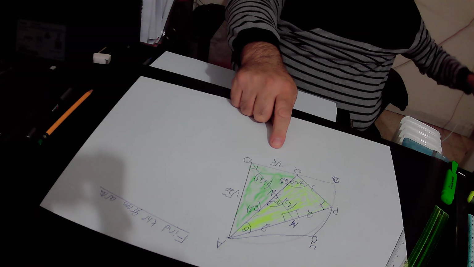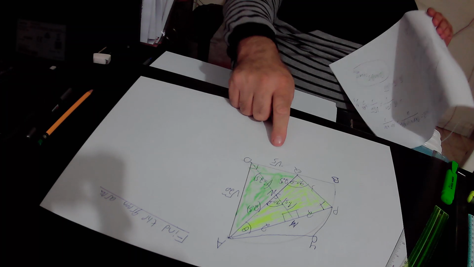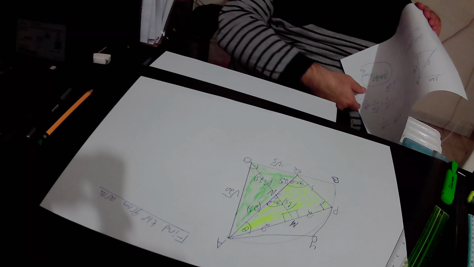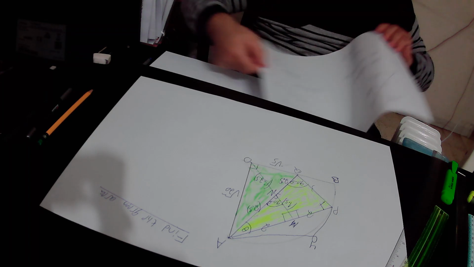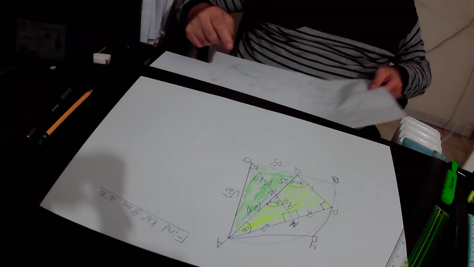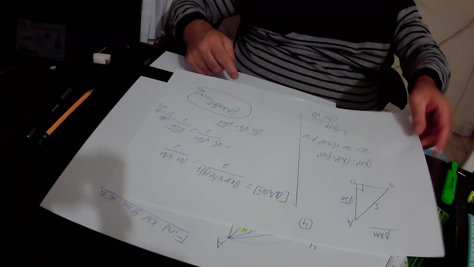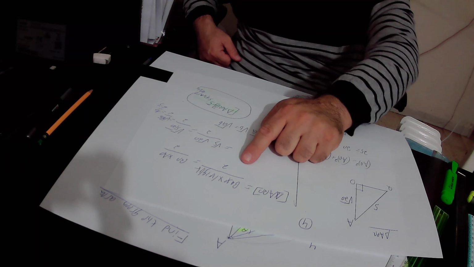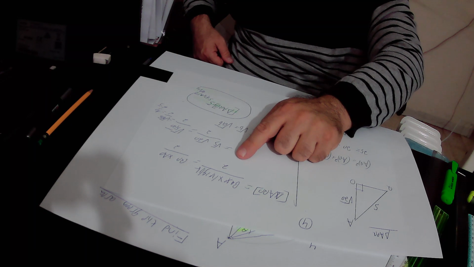Now it is very easy to find the area of this right green triangle AQO. The area equals the base of the triangle times the height to the base over 2.